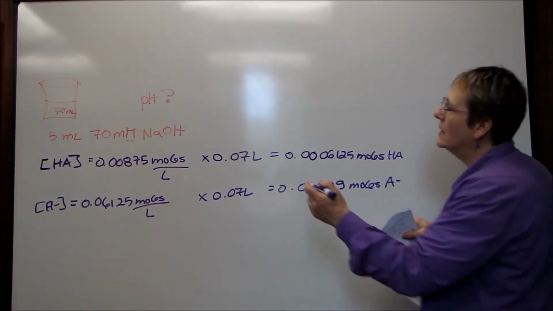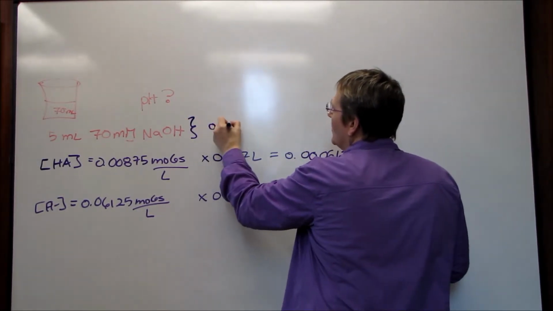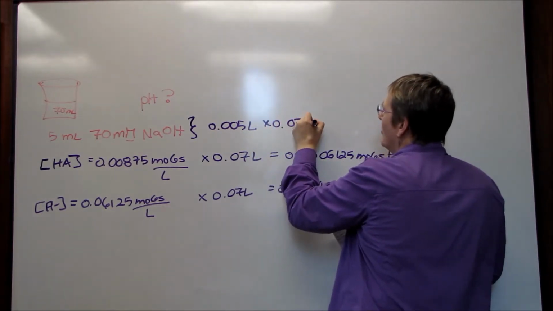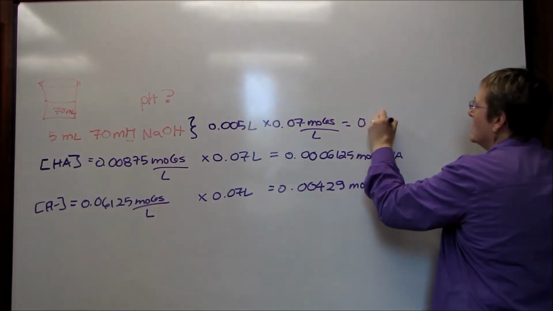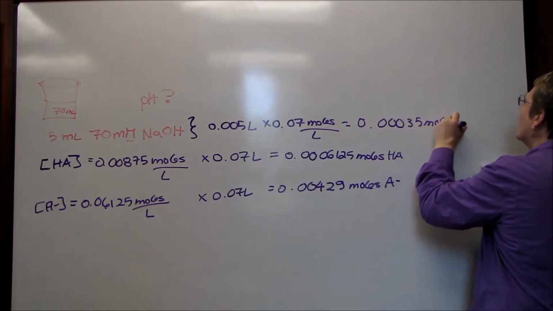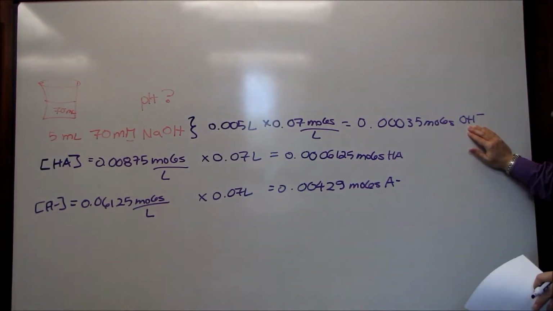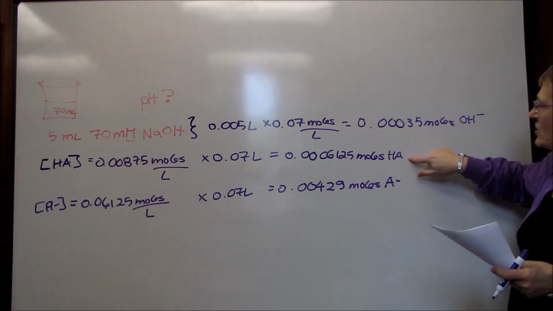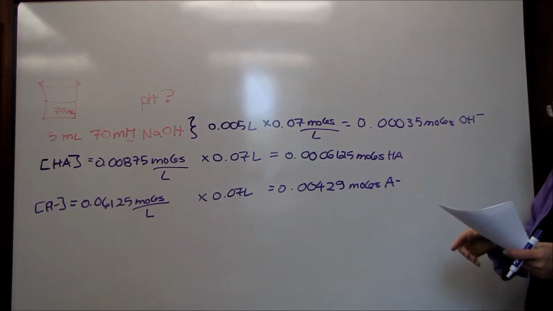Then we added this much base. So that's 0.005 liters times 0.07 moles per liter, which is 0.00035 moles of OH minus. When you add OH minus to a buffer, it rips off the H off of HA and makes that into A minus and makes water with the H plus there.